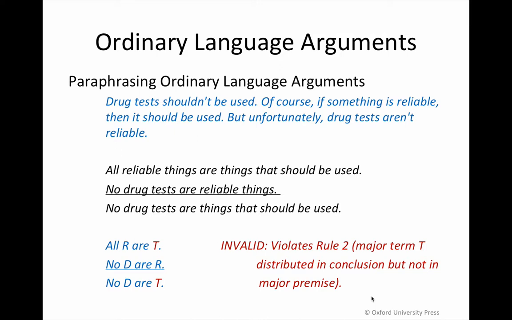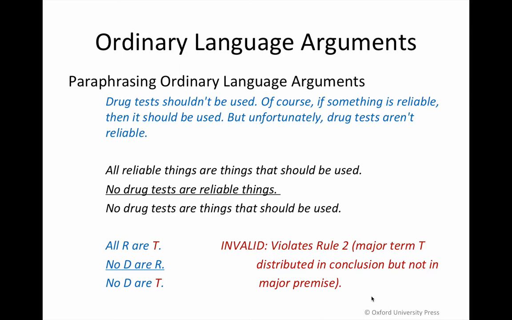Notice also when we take the major term, things that should be used, and we find it in its corresponding premise, we see the second sentence of the original argument is the major premise. If something is reliable, then it should be used. Go back to your Chapter 5 skill set, and you'll know that that sentence becomes, all reliable things are things that should be used.